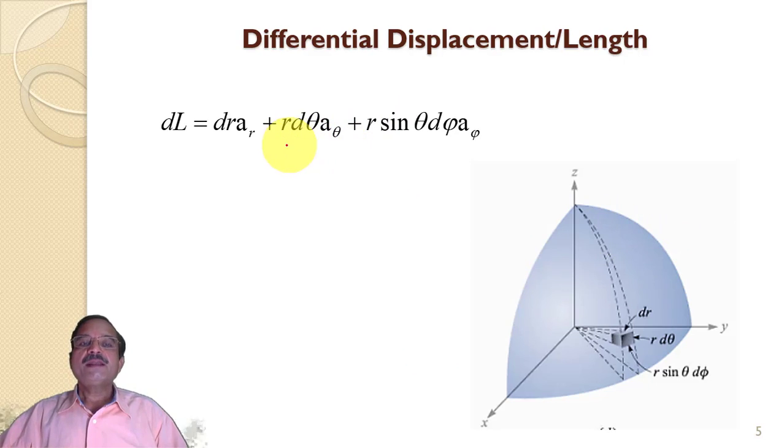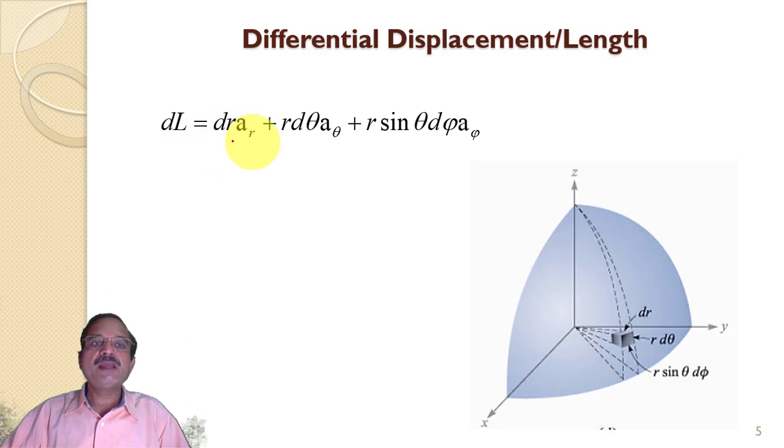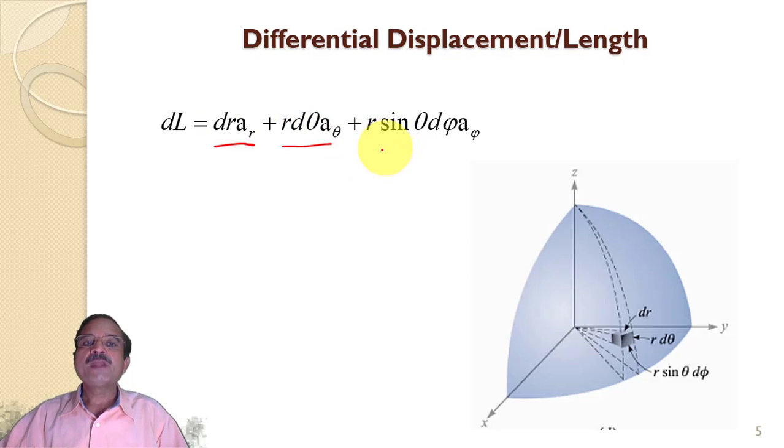The differential length in the r direction is dr, so the r component is dr a_r. The differential length in the theta direction is r d theta, so the theta component is r d theta a_theta. The differential length in the phi direction is r sin theta d phi, so the phi component is r sin theta d phi a_phi.